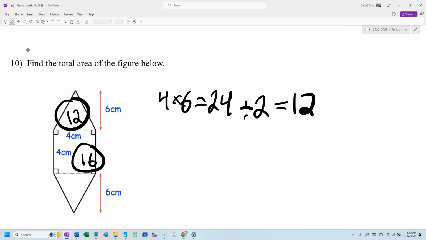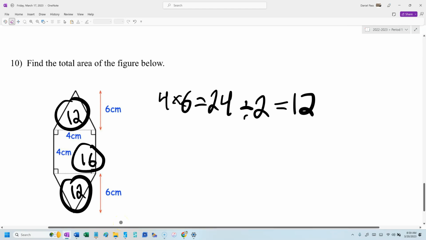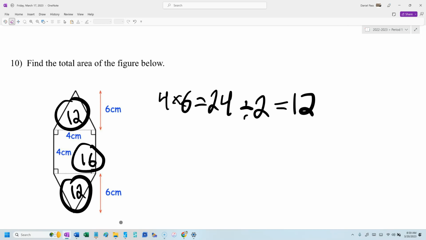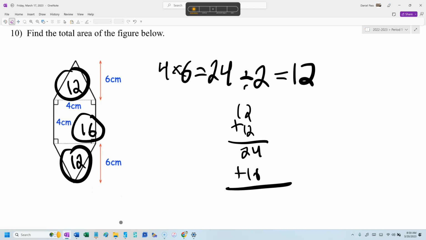Get it? We all remember that? Okay, and this is the same size. So, it's the same exact thing down there. So we just add them together. 12 plus 12, that's 24. I just do them 2 at a time. Plus 16. But you can add them all together at one time. And then the answer is 40 centimeters squared.